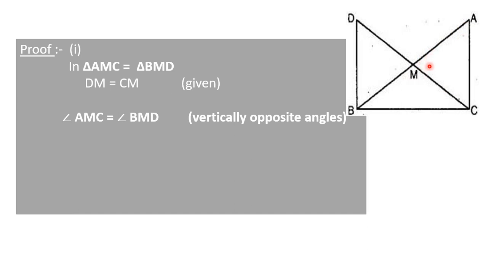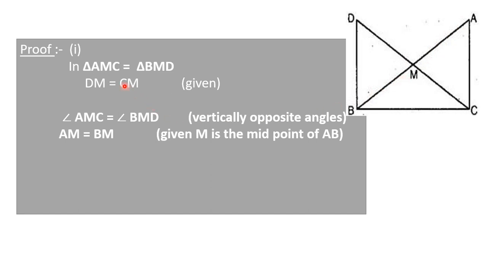Angle AMC and angle BMD are vertically opposite angles, as the lines AB and CD intersect at point M. So the vertically opposite angles formed are equal, and AM is equal to BM, as it is given that M is the midpoint of the hypotenuse AB.